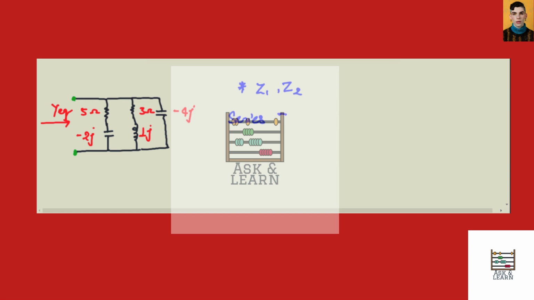Let's suppose the equivalent is Z equivalent, and its value can be written as Z1 plus Z2. This is point number one.